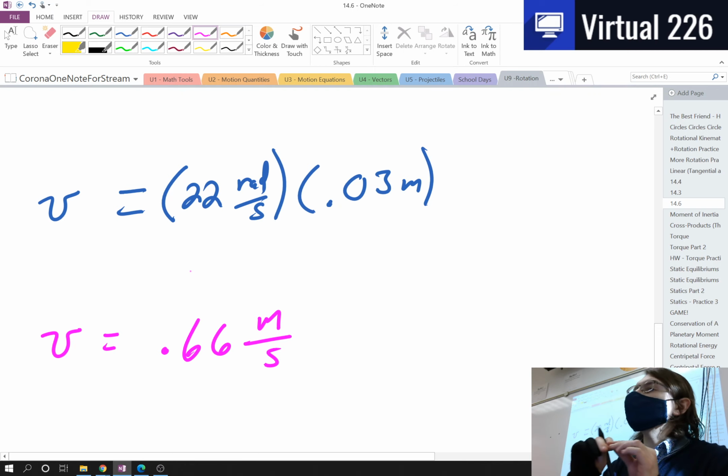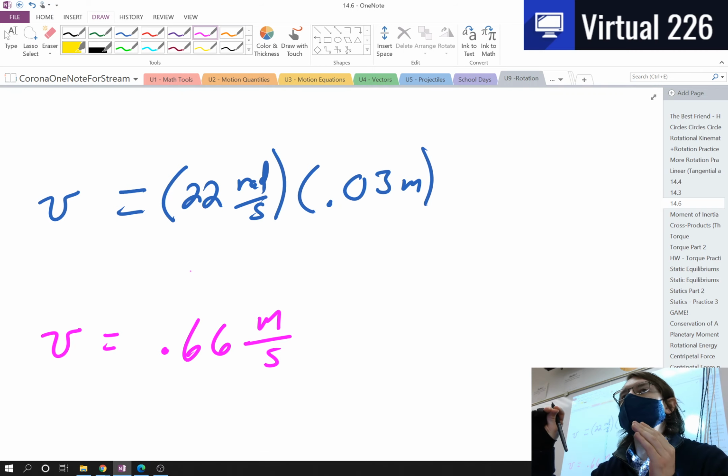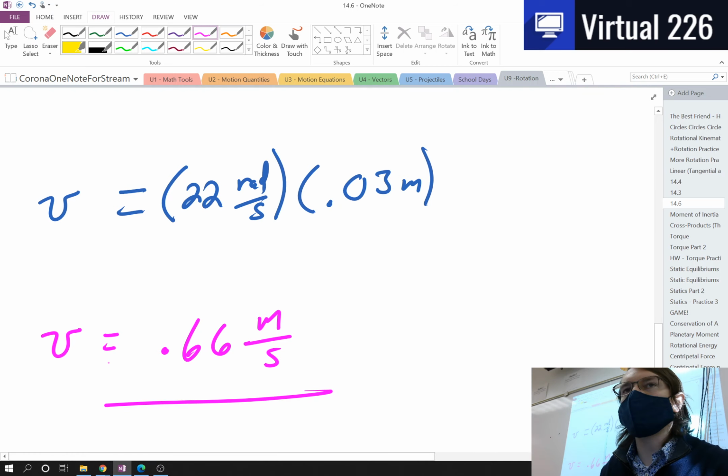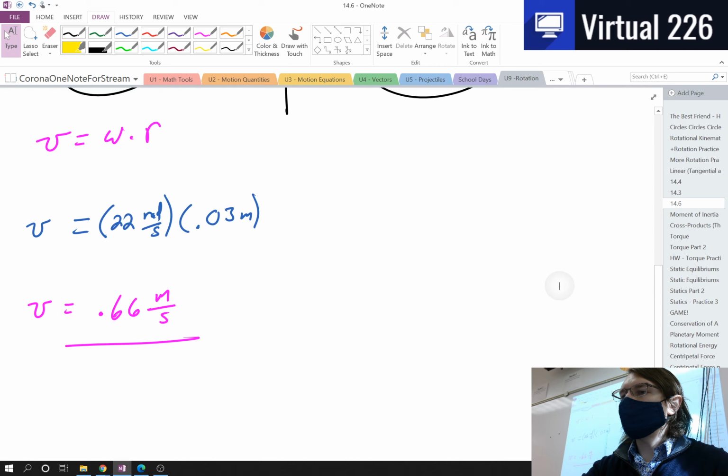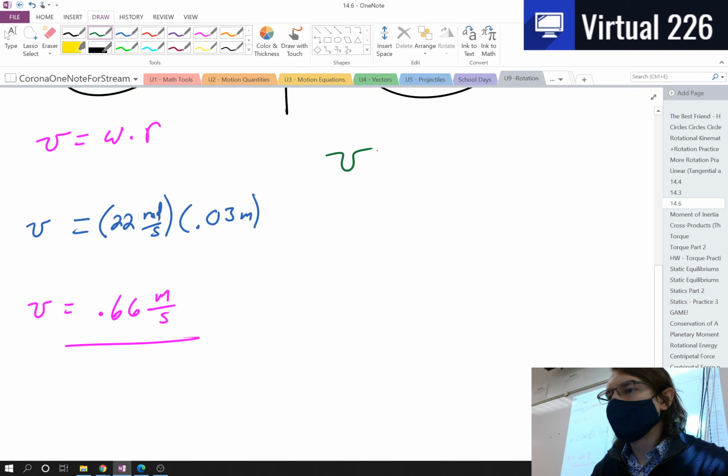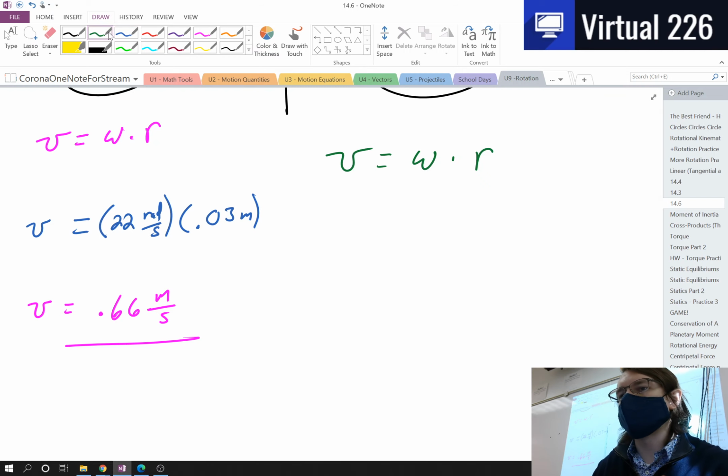So as it moves further out on that disc, the angular velocity has to go down to maintain this quantity. So if we go to the other side here, we're going to have the same equation. The linear velocity equals the angular velocity multiplied by the radius, or the radial distance you are away from that axis. In this case, we want to keep that linear or tangential velocity the exact same.